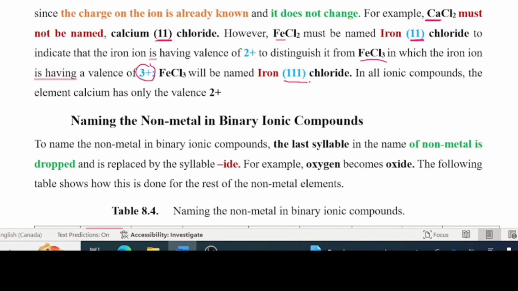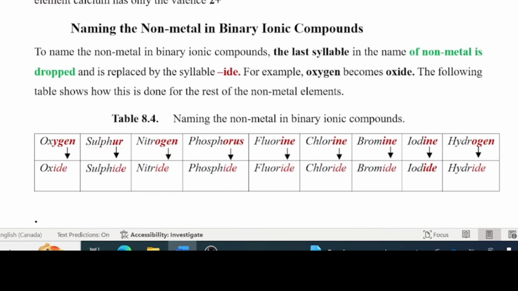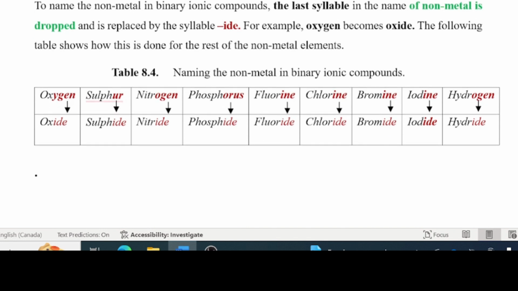Alright. So we go a little bit further down now. How do you name the nonmetals in binary ionic compounds? What you do here is drop the last syllable of the nonmetal in the compound and replace it with "ide." For example, this is oxygen here. You drop that and replace it with "ide."